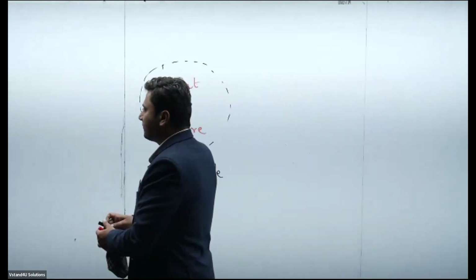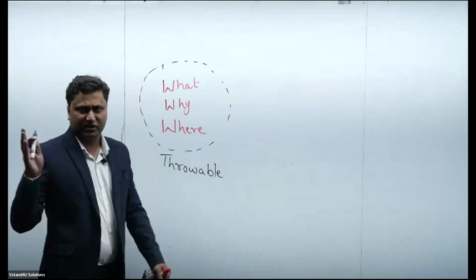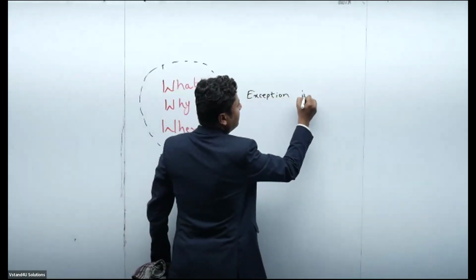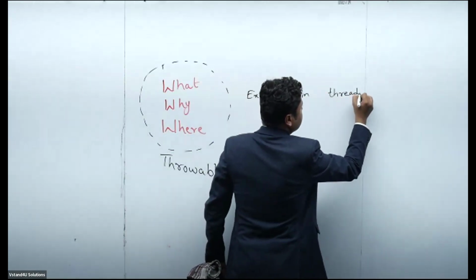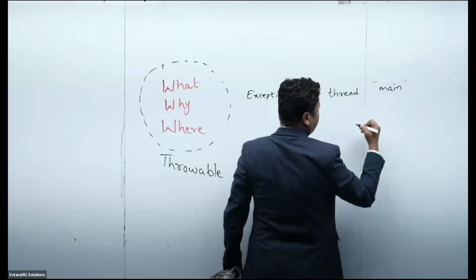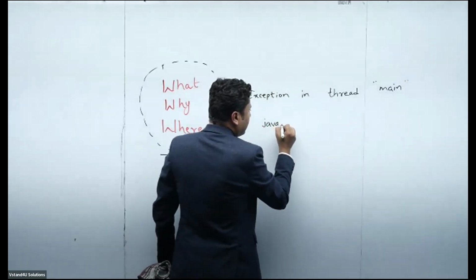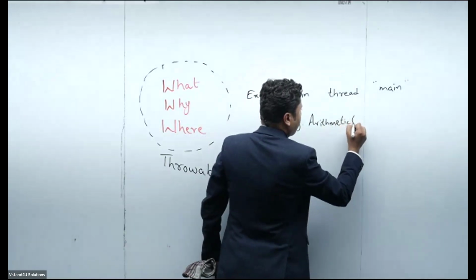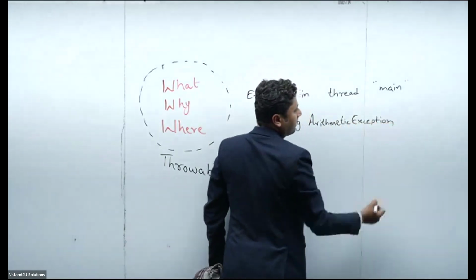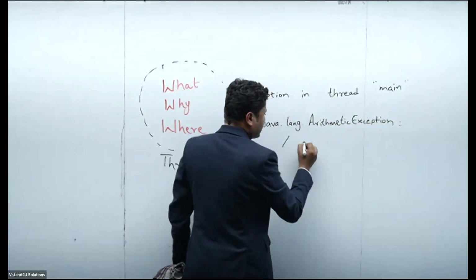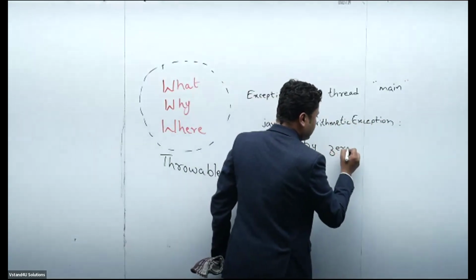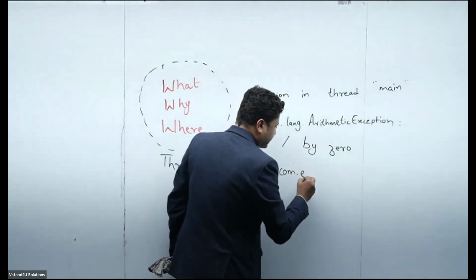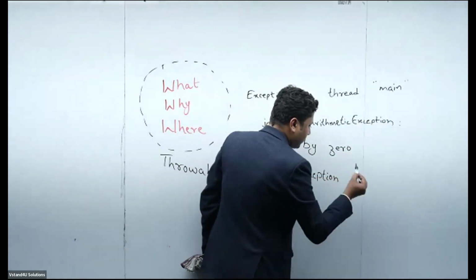Let me help you with this. If you remember any exception message, it will be like: Exception in thread main java.lang.ArithmeticException, colon, then / by zero, at com.exception.ExceptionDemo.